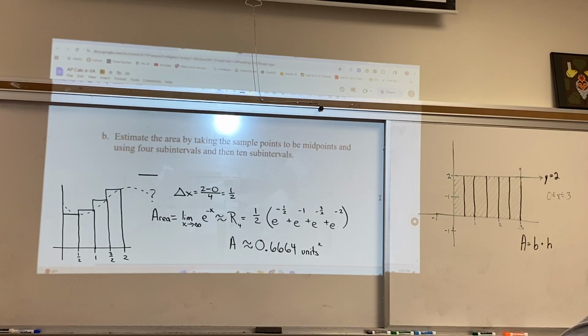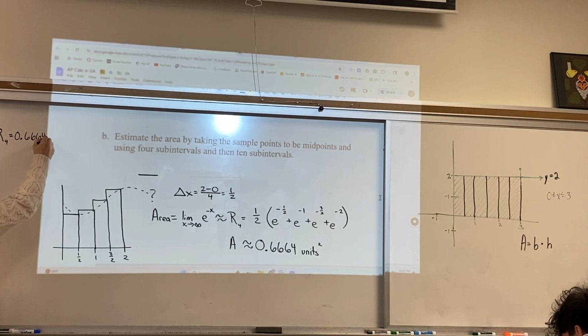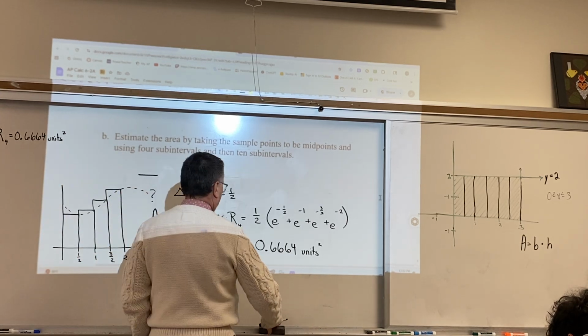Oh, okay. Well, let's see. The Riemann sum from the right using 4 rectangles gave us 0.6664 units squared. Okay, let's try the midpoint.